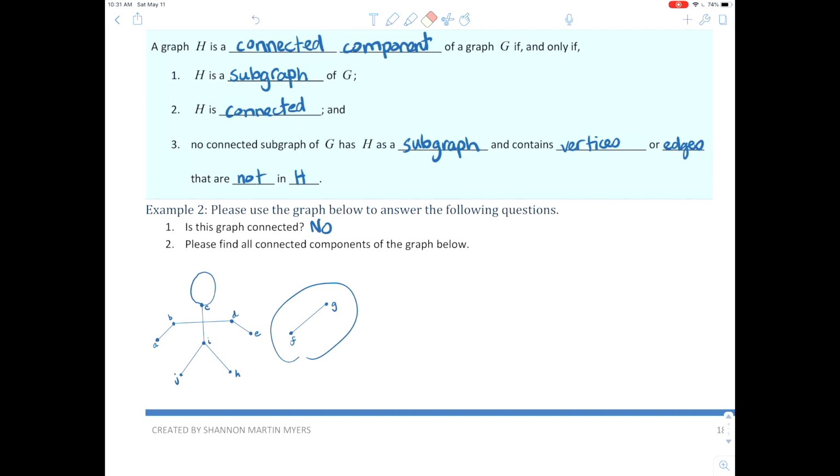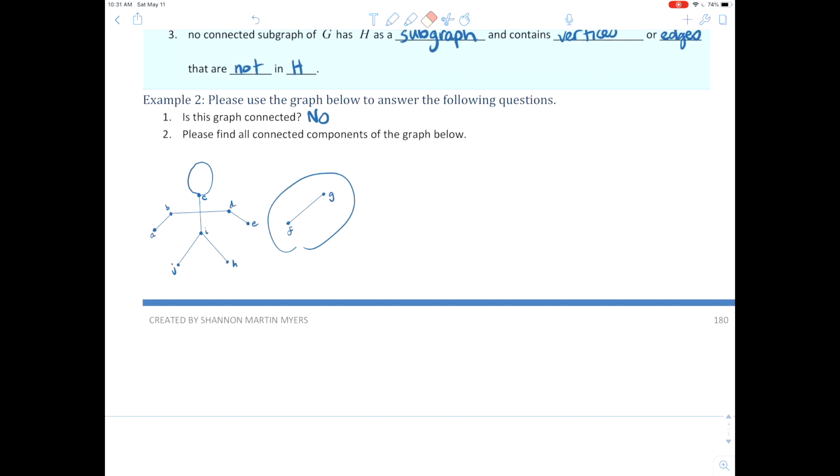Beautiful. The path A, B, D, E is also not connected to this other one here, which we can say goes from C to C. There are different ways you could name this graph.